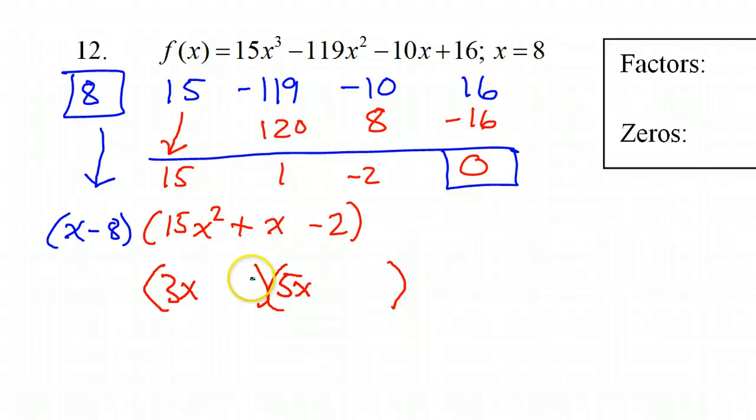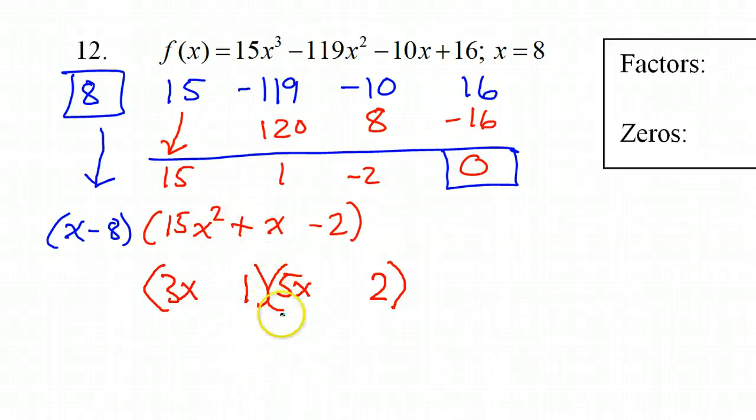The other option was 1 and 15, but I'm doubting that one. 2 can only be 2 times 1. So it matters whether we put the 1 here and the 2 here or the other way around. We'll just have to check it.